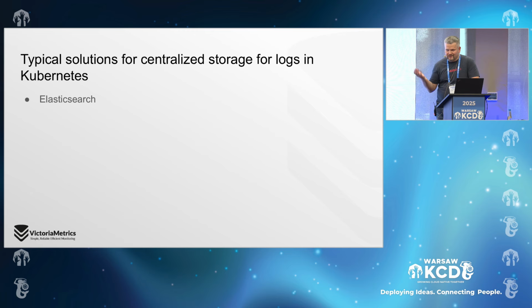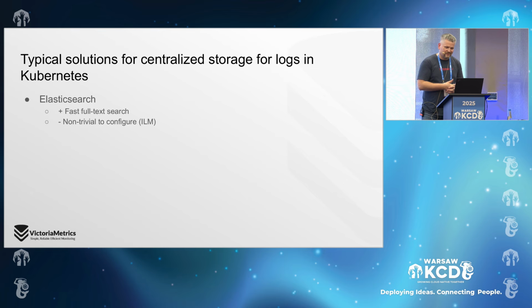The first system is Elasticsearch. It has the advantage that it provides fast full-text search over big amounts of logs, but it has disadvantages. The first disadvantage is that it is non-trivial to configure with index lifetime management policies.